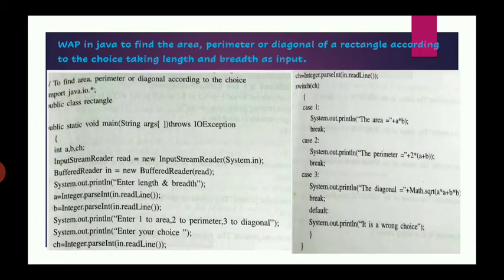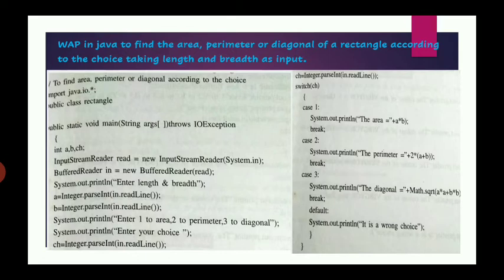Now if you see the switch case, we'll start from ch is equal to Integer.parseInt in.readLine. Now where it is stored? It is stored in a variable ch. Now switch ch. Now I'm checking ch. So for each choice I have to write the formula.